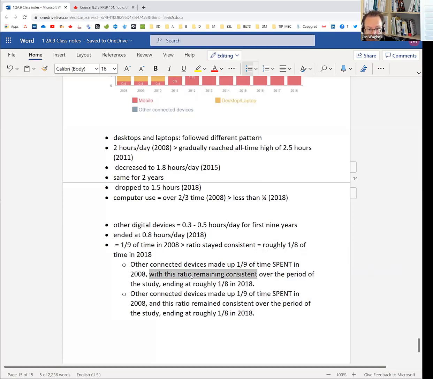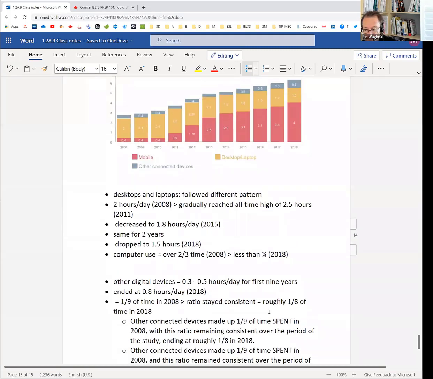So it has to be with this ratio remaining consistent over the period of the study. It might just be easier to remember, and this ratio, and this amount, and this figure remained consistent over the period of the study, ending at roughly 1/8. Okay. Okay, any questions?